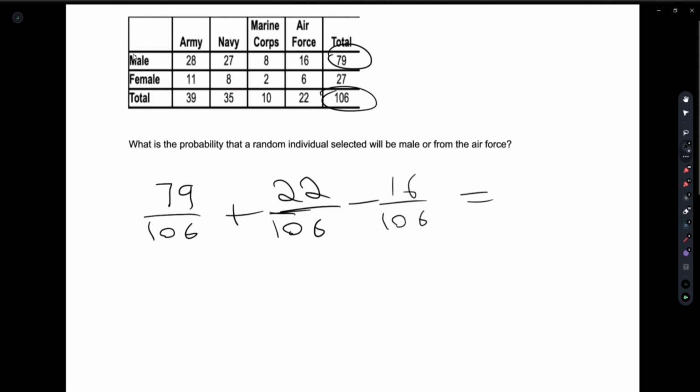So 79 plus 22 minus 16 over 106. It will be 0.801, or in fraction it's 85 over 106.